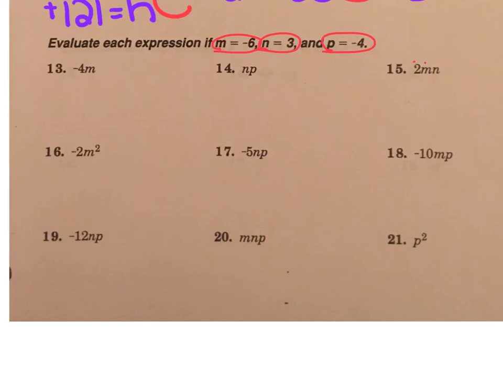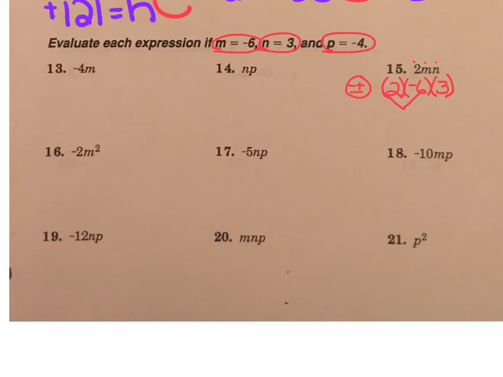2 times M times N. Let's substitute the values for M and N. It should read 2 times M is negative 6 and N is positive 3. Multiply these three values, but you have to do it 2 at a time. Let's start here. A positive 2 times a negative 6. Think about Margar.